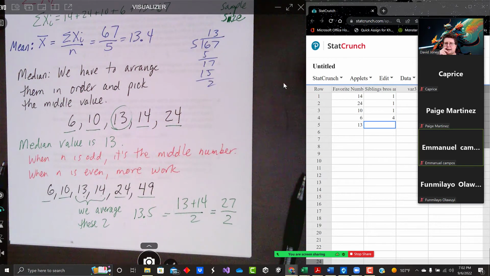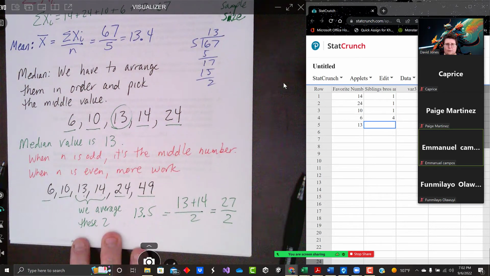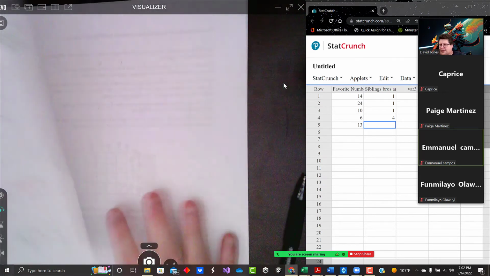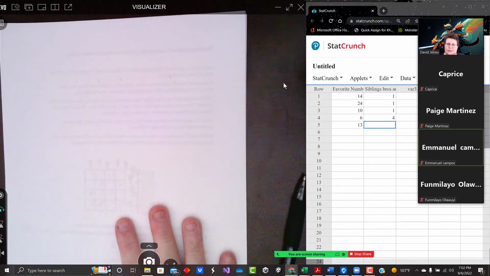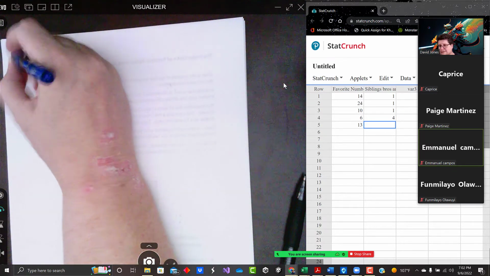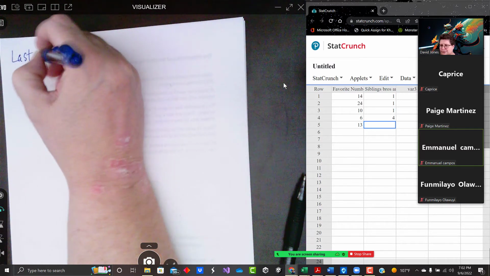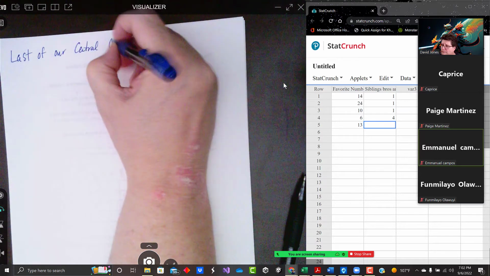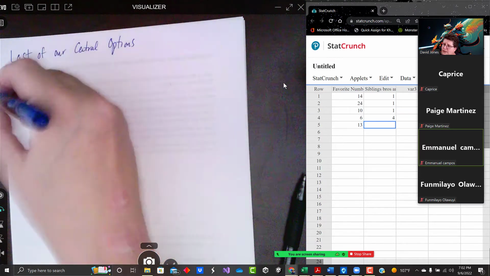This will actually work for what I wanted to do for the last bit of information. Another form of middle that we do is called the mode. So the last of our central values is called the mode.